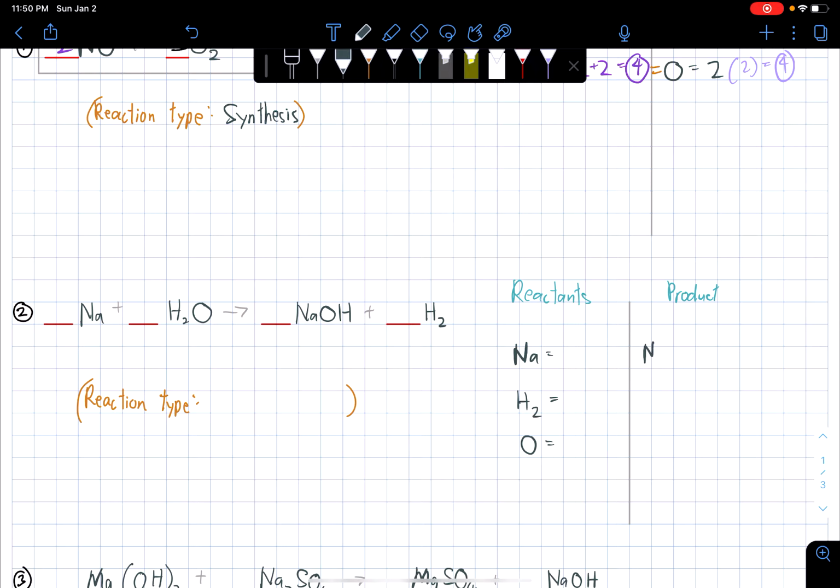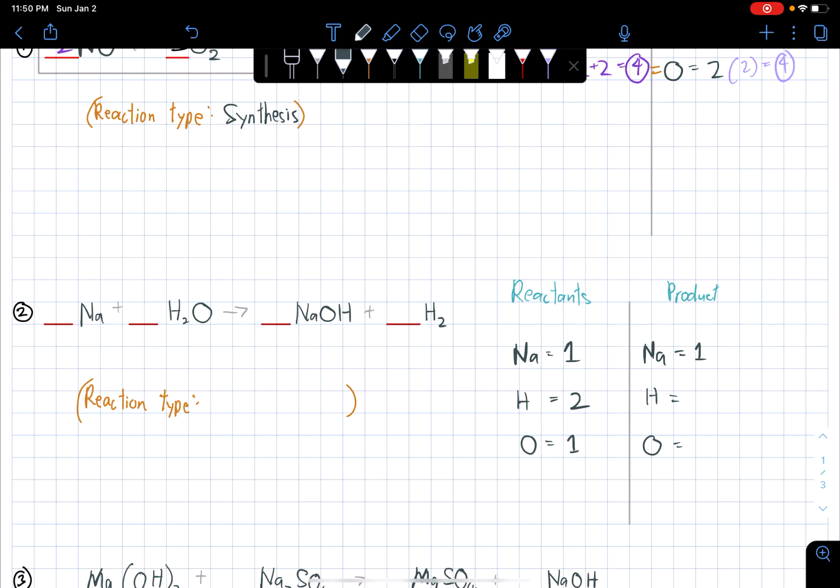So yes, for the product side, you have sodium, oxygen, then hydrogen. For sodium, we have sub 1 because there is no subscript whatsoever. For oxygen, we have 2. We're talking about the reactant side, by the way, just so you know. Now we're going to talk about the product side.